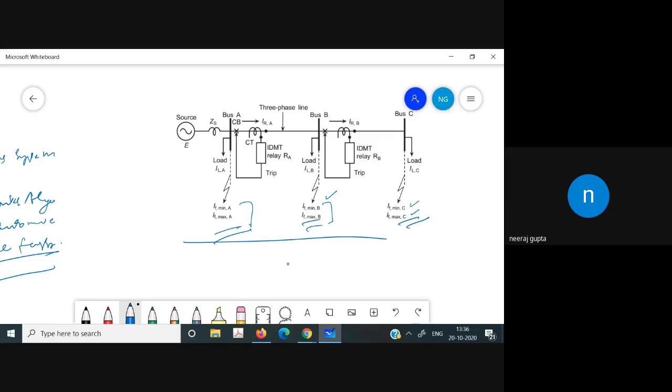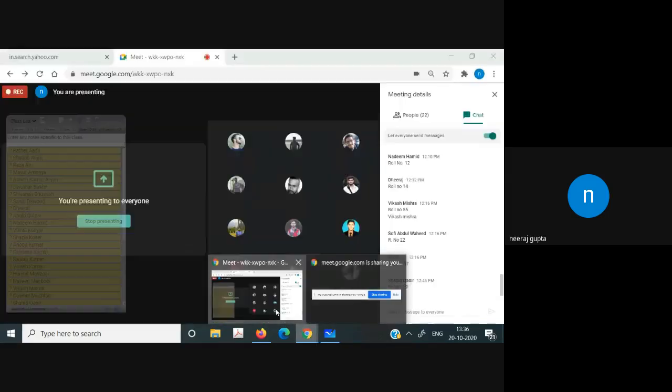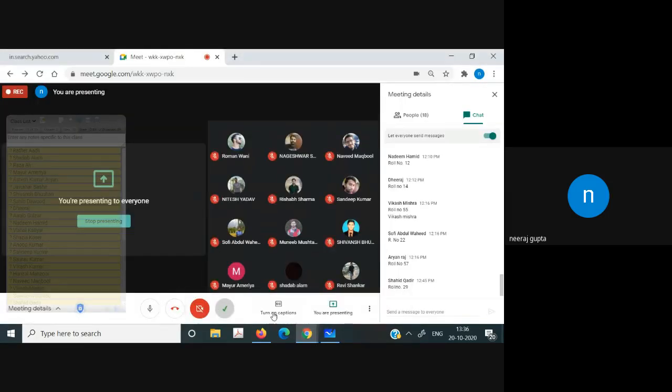So if the computer program is given, definitely for the inverse system, we can make the computer program for that. So anything related to that, if you want to?